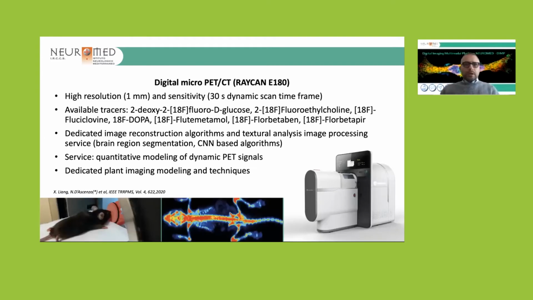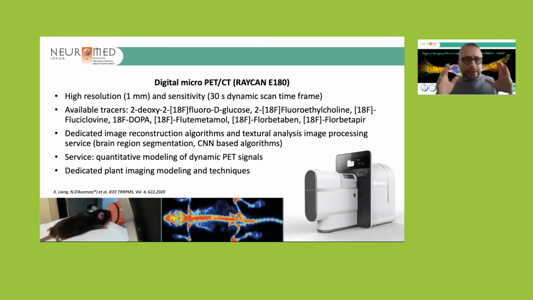For preclinical PET imaging, we base the next assumptions on digital micro-PET CT. It is a high resolution and sensitivity device with available tracers: FDG, fluorethylcholine, fluorocyclovine, F-DOPA, flutemetamol, fluorbetabine, fluorbetapyryl.